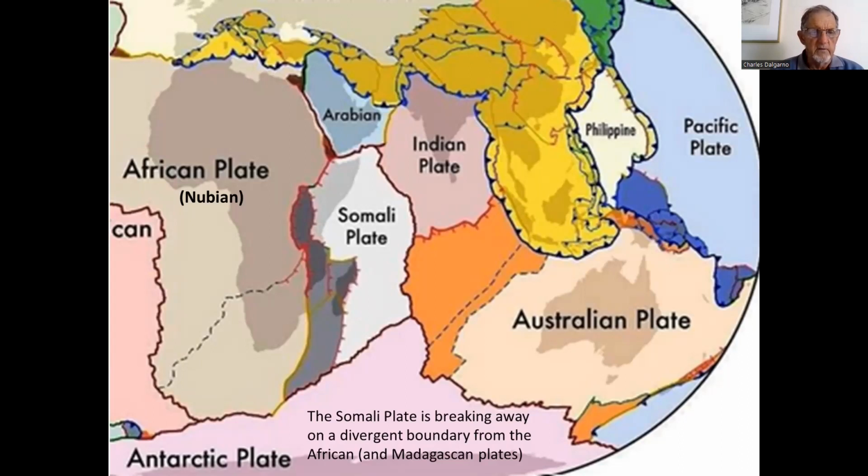The Somali Plate is often included with the African Plate in broader discussion, but it's clearly separating, as is seen from the Great Rift Valley extending from the Red Sea down west of Lake Victoria and finally down to the Antarctic separating boundary. Its eastern boundary is the central zone of the Indian Ocean proper, with the Indian-Australian Plate also shown here broken up.